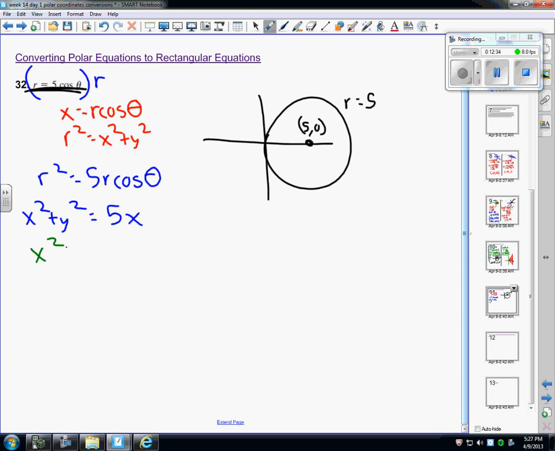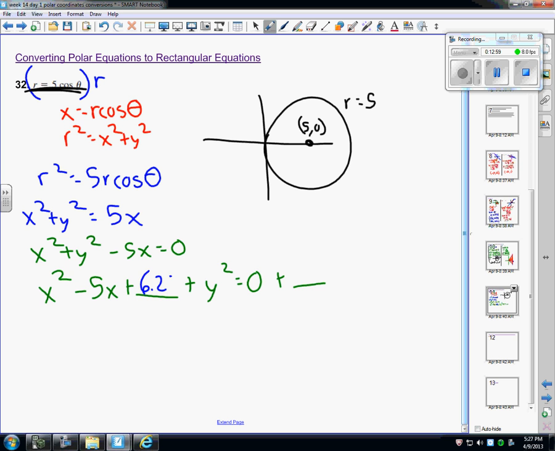So I got x squared plus y squared minus 5x equals 0. X squared minus 5x plus blank plus y squared equals 0 plus a blank. Half of negative 5 is 2.5. 2.5 squared is 6.25.